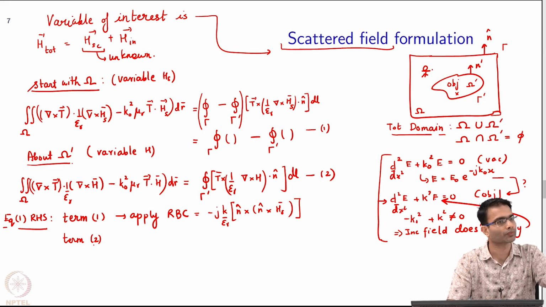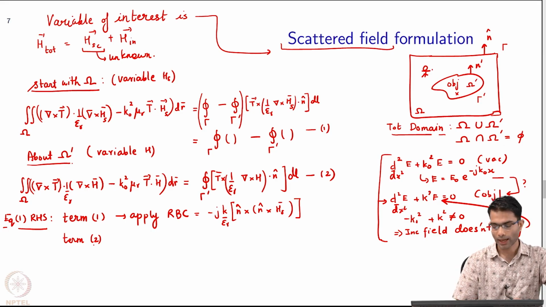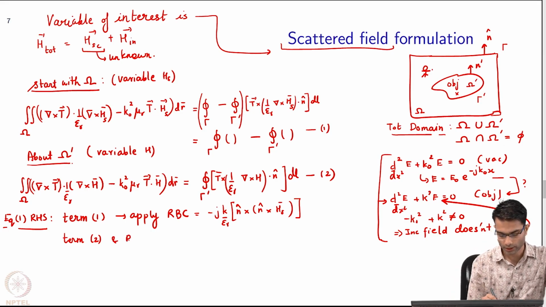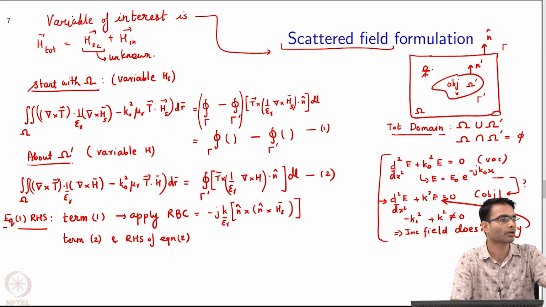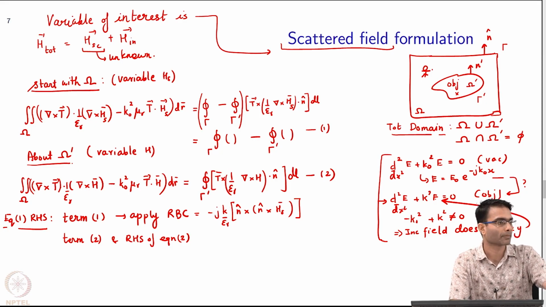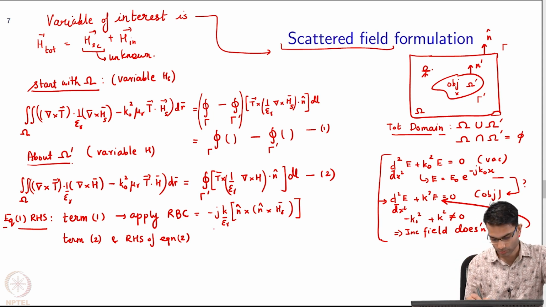Actually, the answer is no, we will leave it as it is. So this term 2 and the RHS of equation 2 both deal with the same boundary gamma prime, correct? We are going to leave these terms as they are, and very shortly you will see why.